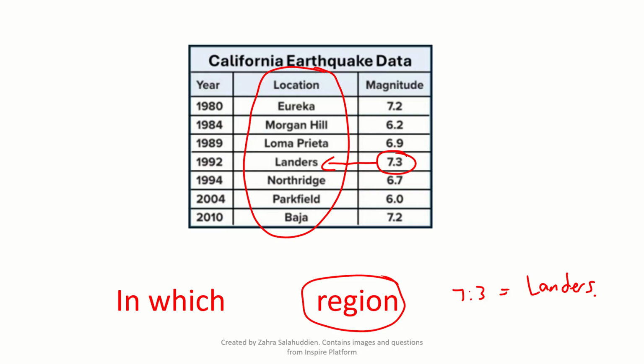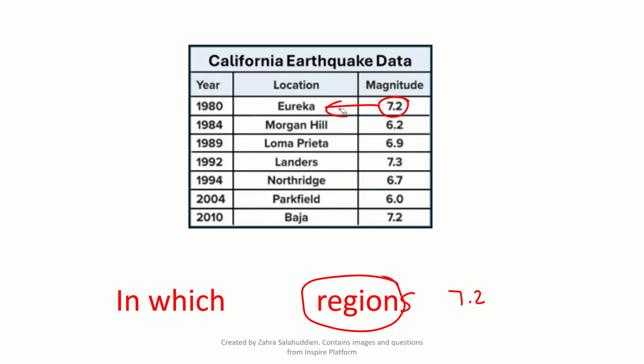Or if they say, in which region? Region or regions, maybe there's more than one. In which regions were there earthquakes of magnitude 7.2, for example? My answer will be 2, because I see here there's a region. Okay, remember we're looking at region. So 7.2, 2 regions, Baja and Eureka.